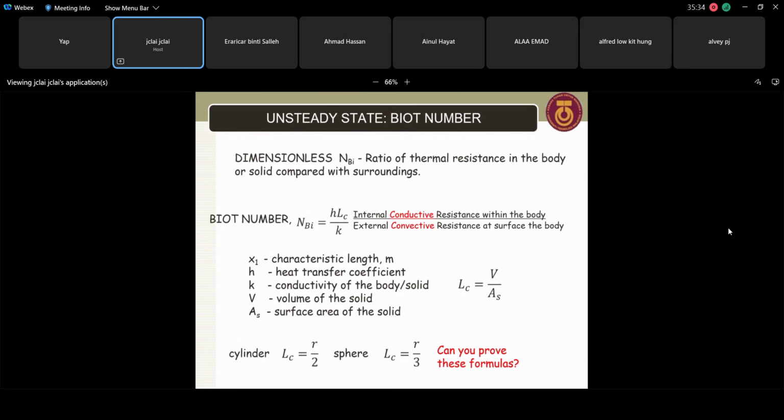Next, I want to explain more about the Biot number. The Biot number is dimensionless, for your information, meaning it has no unit. It is a ratio of the thermal resistance in the body compared to the surrounding.